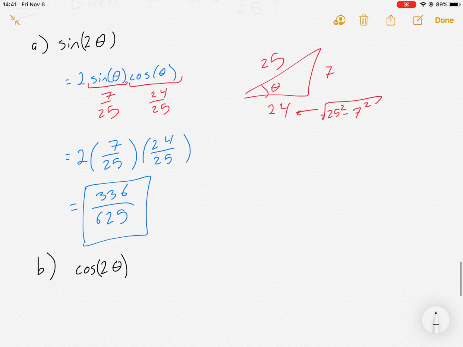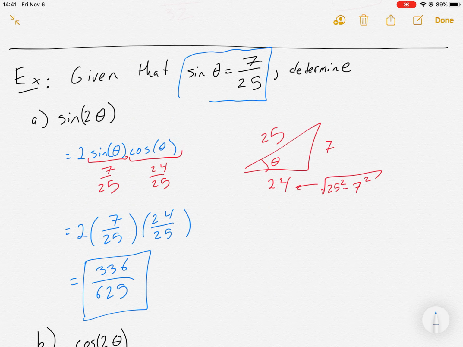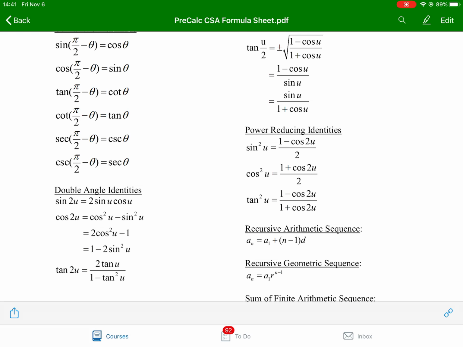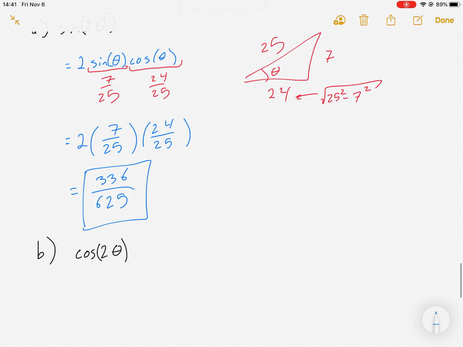So in this case, if we had just been given this first part, what's nice about the cosine double angle identity is you don't even actually have to draw the triangle. Once you have sine of theta, notice I can use the third form, 1 minus 2 sine squared of theta.